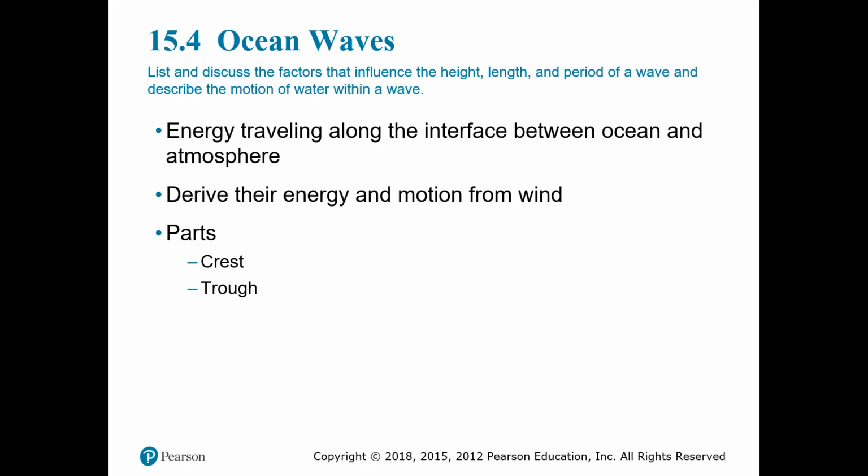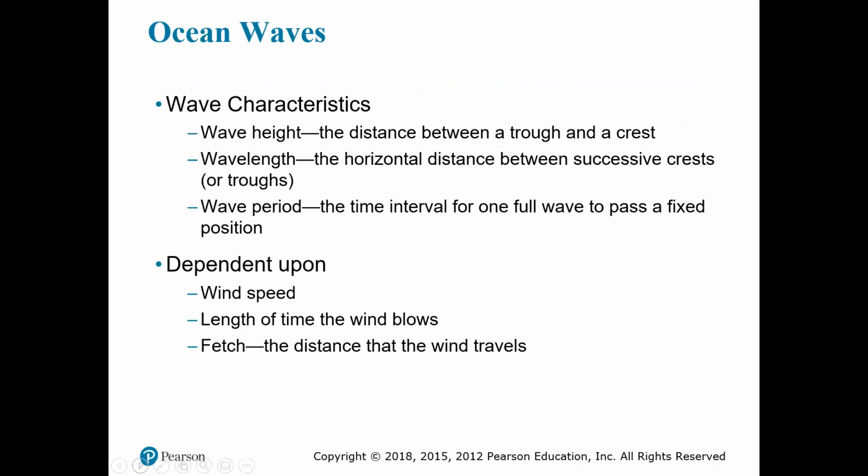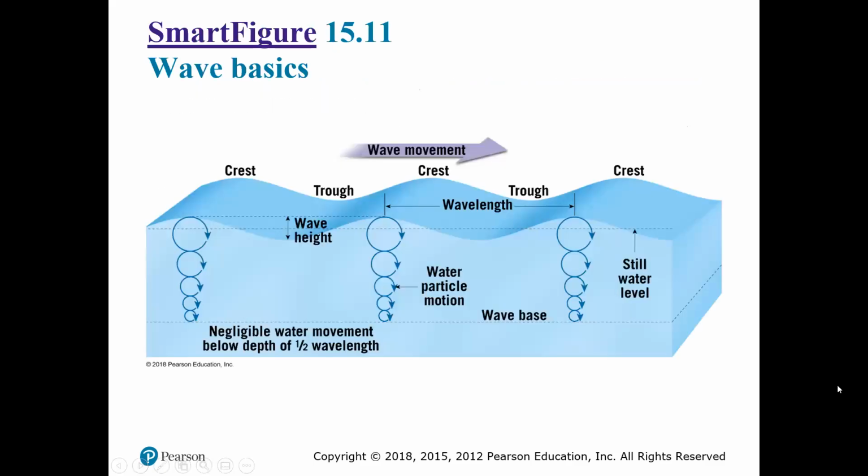Now, if we look at this image, on page 459 in your textbook, you see the different parts of the waves. The highest point, or the top of the wave, is referred to as the crest. The lowest point is referred to as the trough.